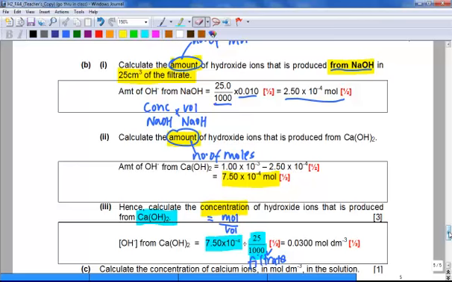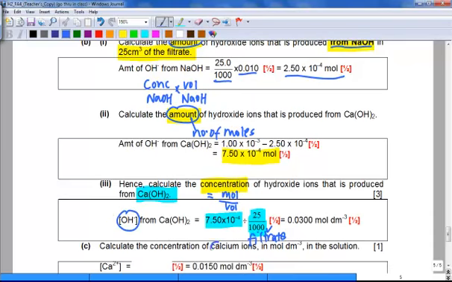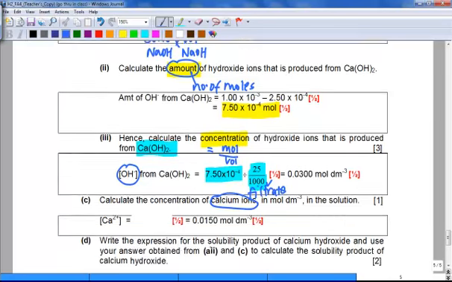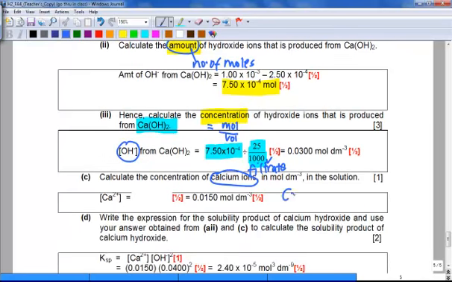And the next part, once you have the OH minus concentration, the question wants you to calculate concentration of calcium ions in the solution. So take note, we are talking about CaOH2, and we know that CaOH2 tells us that the Ca2 plus to OH minus concentration will be 1:2.